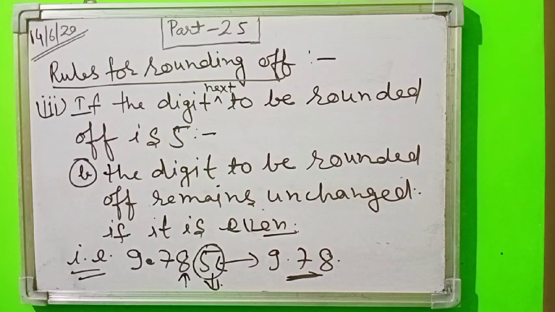If it is 5, then if the digit before the dropped digit is odd, 1 is added, and if the digit before the dropped digit is even, it remains unchanged. These are the rules for rounding off.